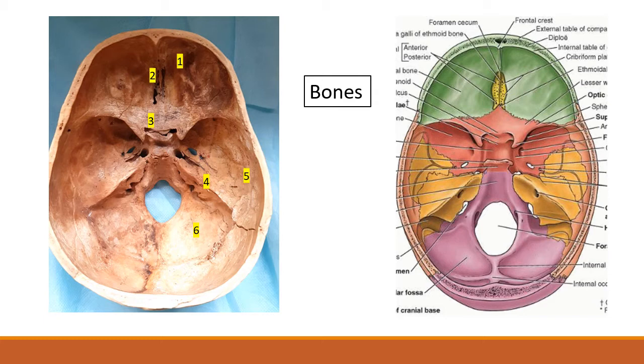The fourth bone is the temporal bone, which is seen here. The fifth one is the parietal bone, the light colored one, and the sixth one posteriorly is the occipital bone. Six bones are seen from before backwards, forming the interior of the skull.